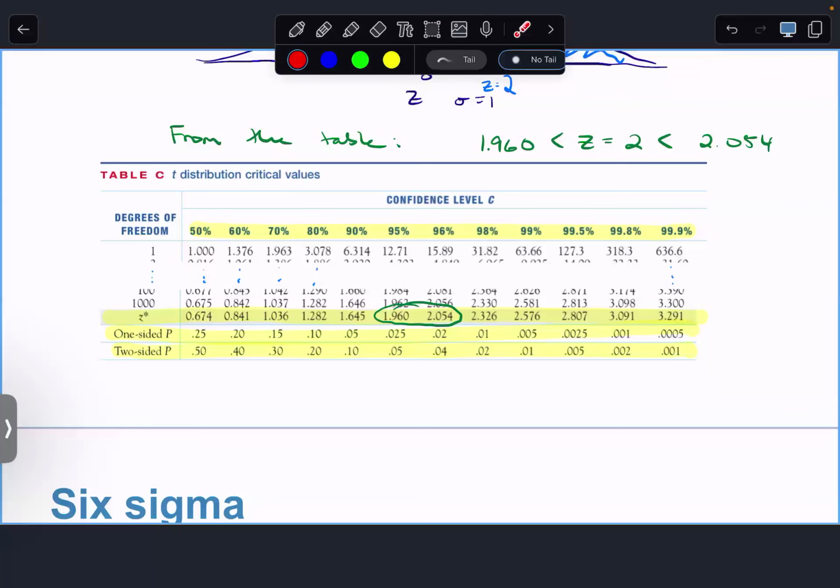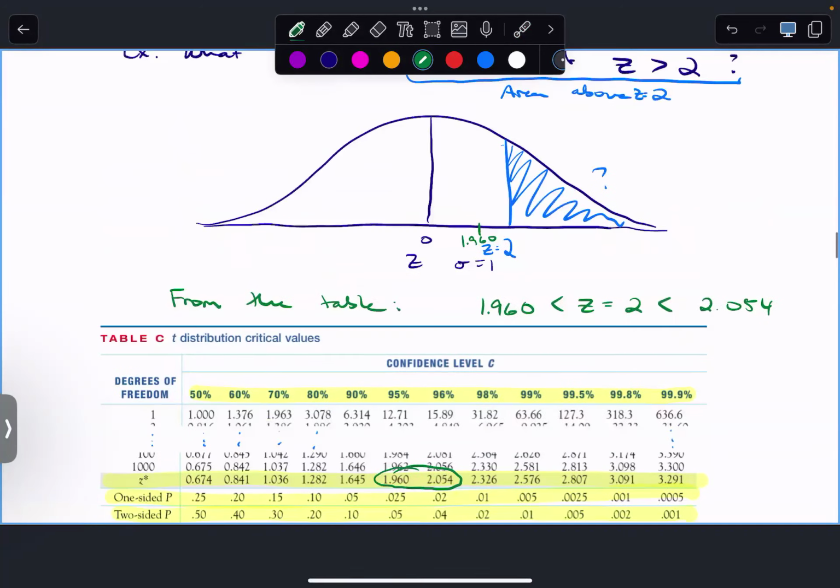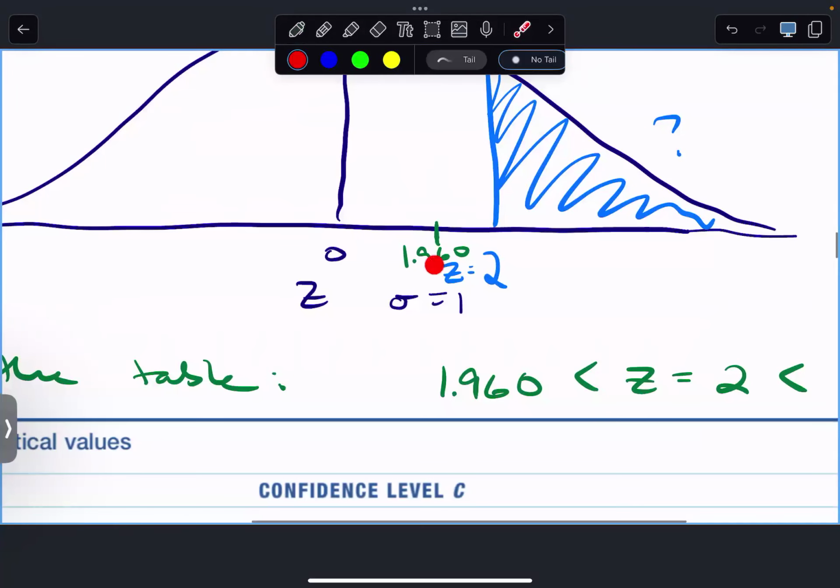So now, what can I do? I can trace these up here. These are just for visualizing, so you don't need to think about how close they are to each other. Just give yourself enough room to see what it is you're mapping out. Both of these, 1.96 and 2.054, are going to be very, very close to 2, but I'm giving myself enough room so that I can see them.